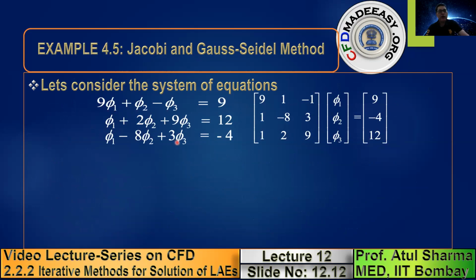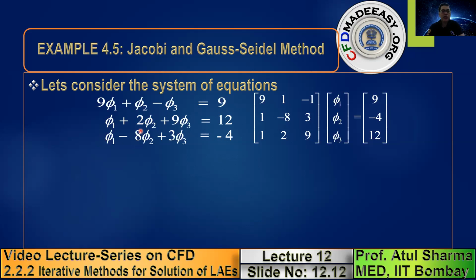So when we say diagonal dominance, we want the coefficient of the diagonal, in this case 9, to be greater than the sum of the coefficients of the other unknowns. The neighboring coefficients are 1 and minus 1. But here 2 is less than, because here the coefficient is 1 and here the coefficient is 9. If you take 3, again your coefficient is, taking the absolute value, 1 and this is 8.